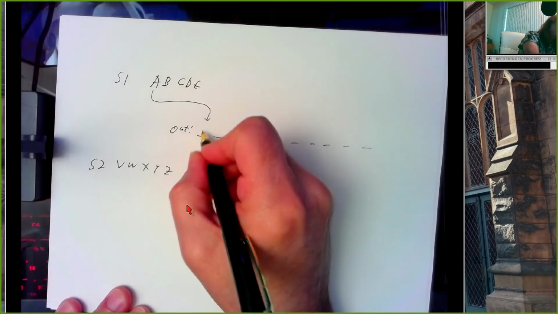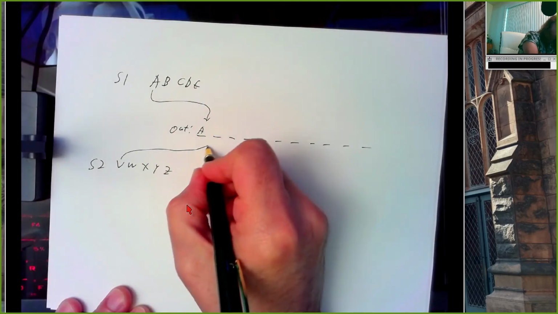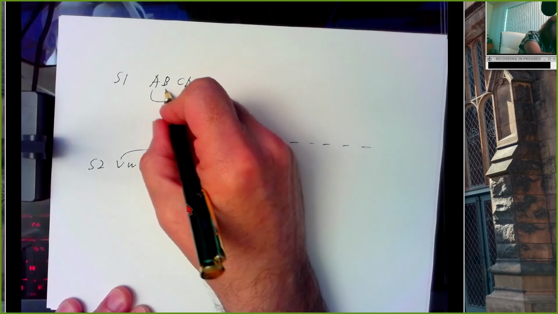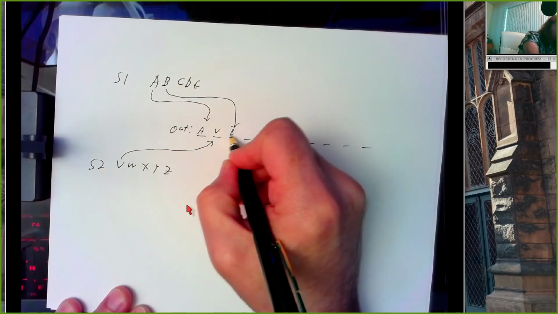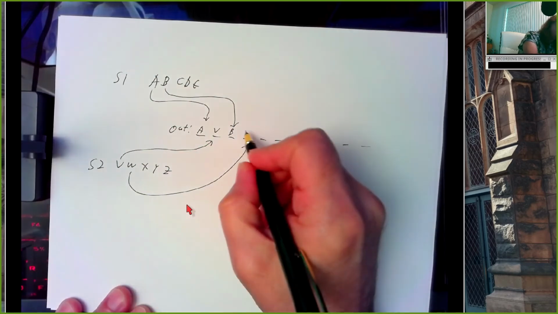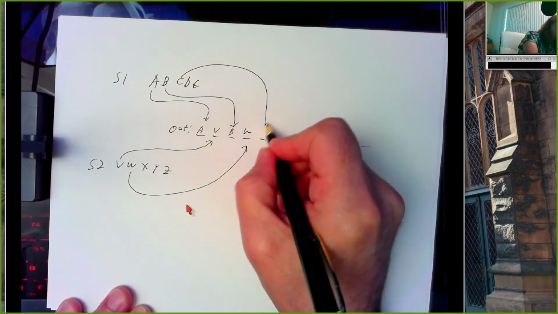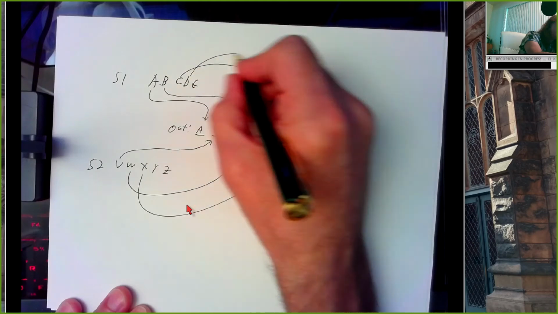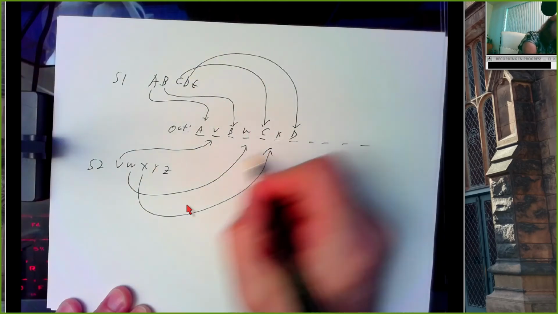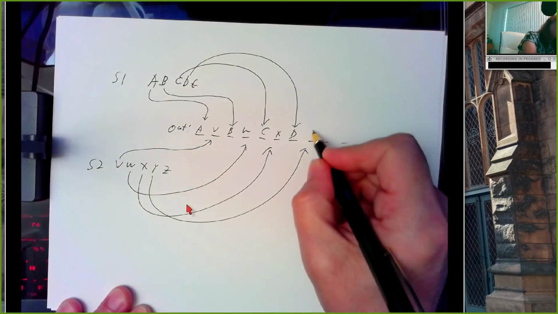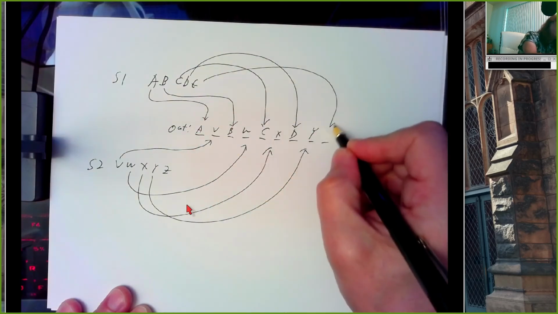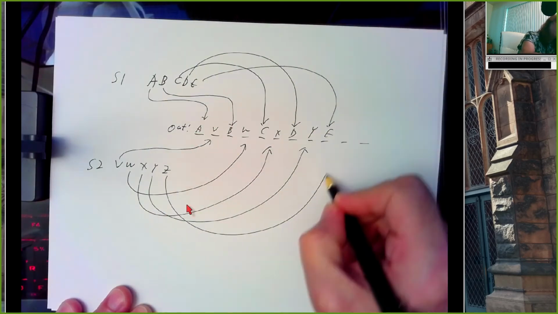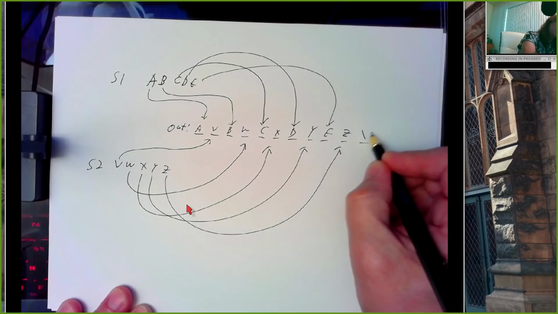First we're going to put an A, and then we're going to put a V. And then we're going to put a B, and then we're going to put a W. And we're going to keep doing this. And then at the end, we're going to put a null terminator.